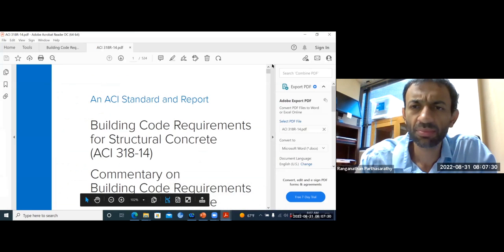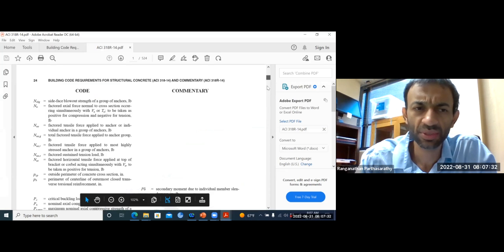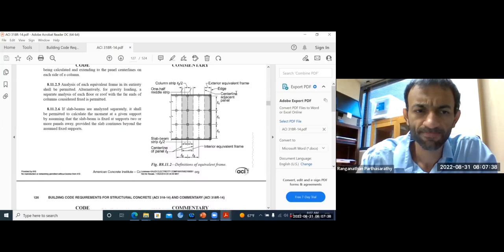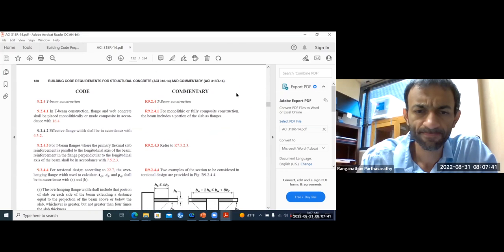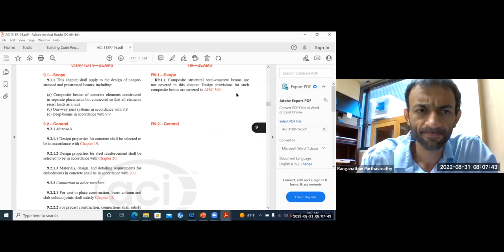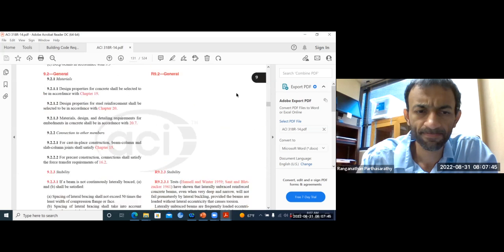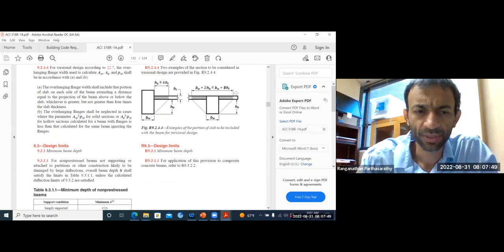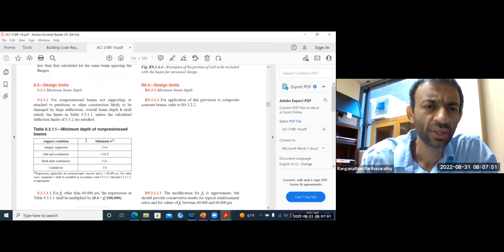If you go to chapter 9, for example, for beams, this is your minimum depth for non-pre-stressed beams, simply supported L by 16.